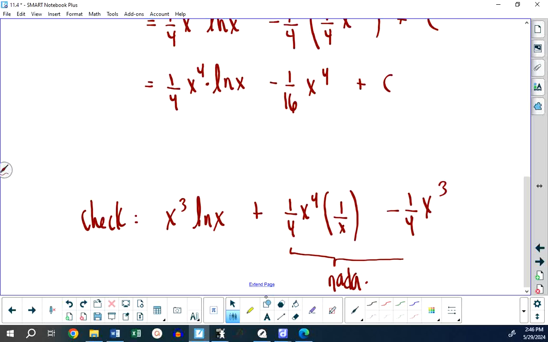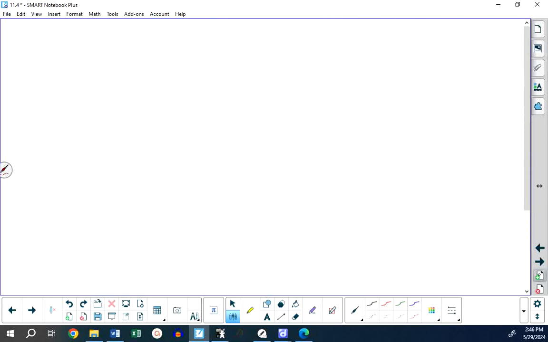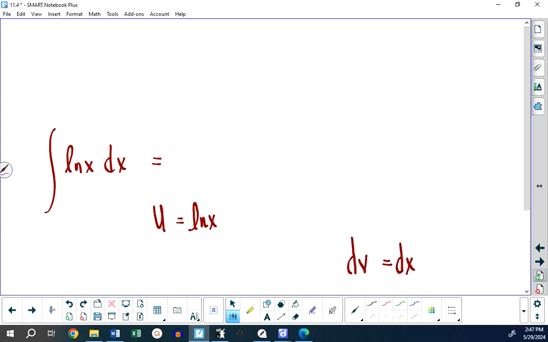Any questions with that example? By the way, how could you conceivably figure out what this is? Well, you would use parts. You would choose u is ln x, and you would choose dv is dx.